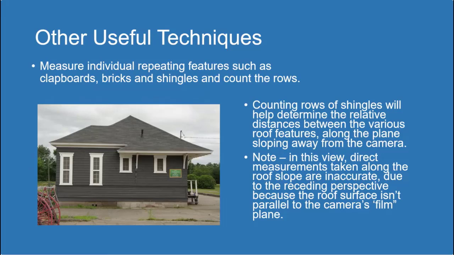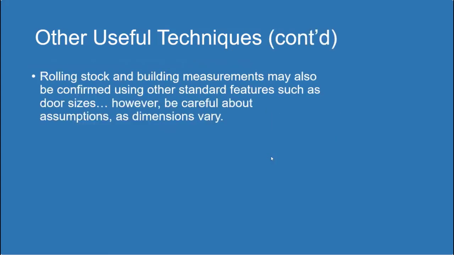So we would need to have a photo taken at a 90-degree angle to get the full extent of the slope, and then go back and interpolate, for instance, where the toilet vent is, and so on. Other techniques are basically things you can confirm using standard features such as door sizes and window sizes.